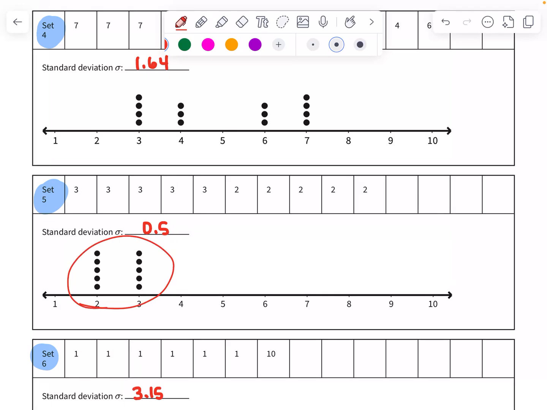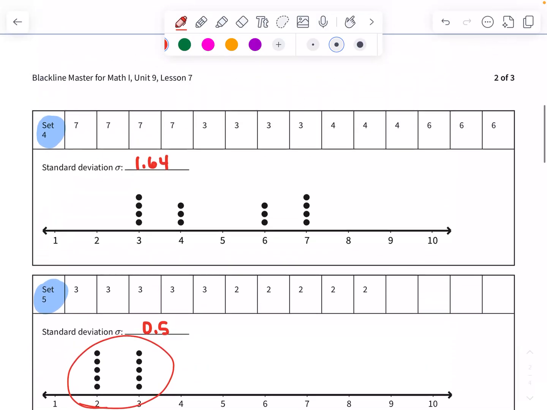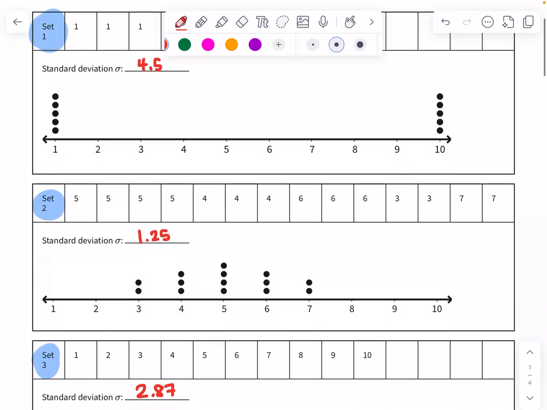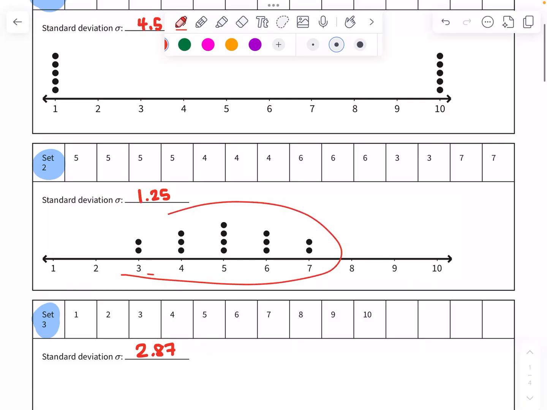2 is the next. 2 has some spread, right? Look at that. We've seen that shape before, right? That was in the previous lesson. That is a symmetric shape right there. So that's a little bit more spread out. Number 4 is the next one.